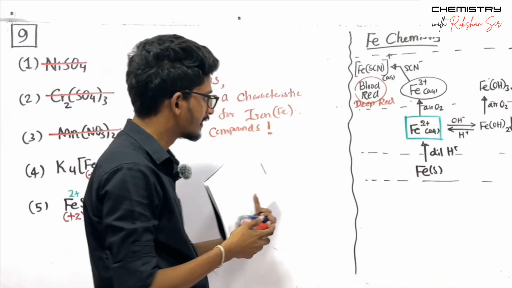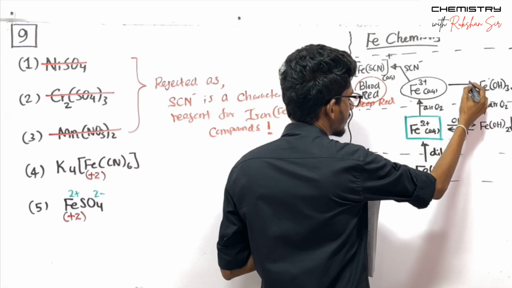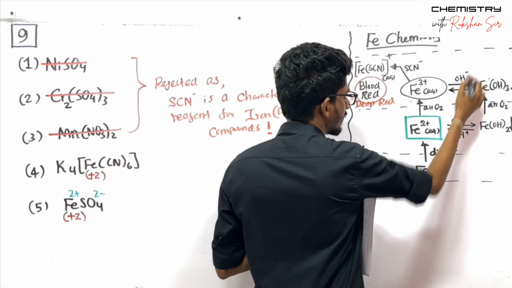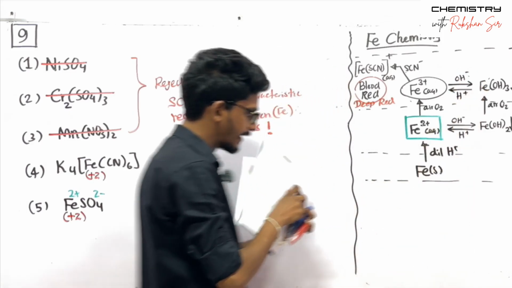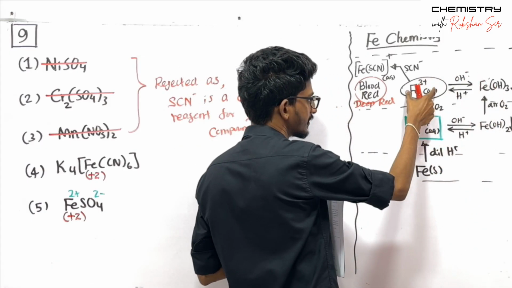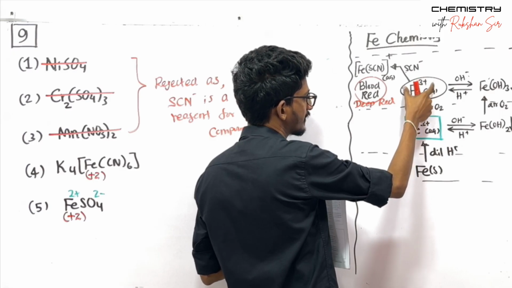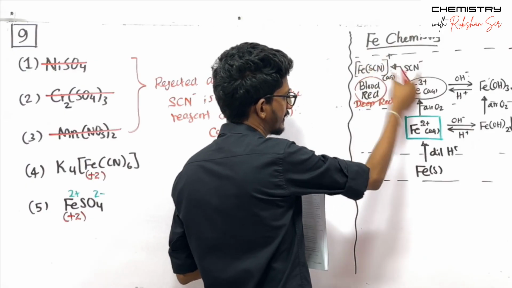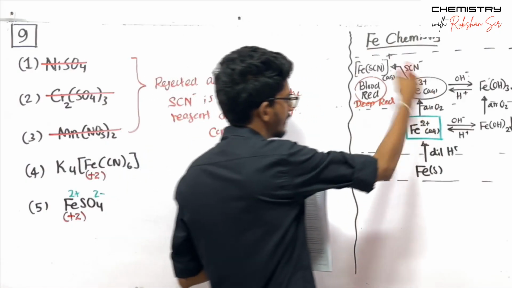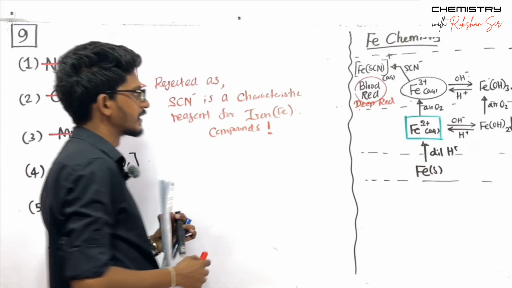And when adding dil H2SO4, the FeOH3 so produced converts to Fe3 plus. Then as SCN minus ions were there in the solution, that converted to the blood-red complex. See, that is the reaction scheme that ultimately led to the blood-red compound.